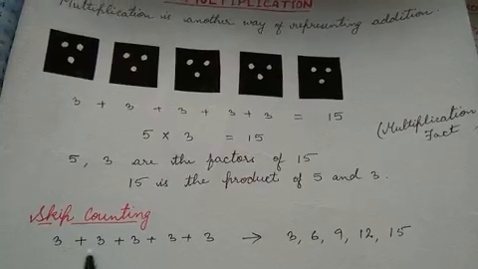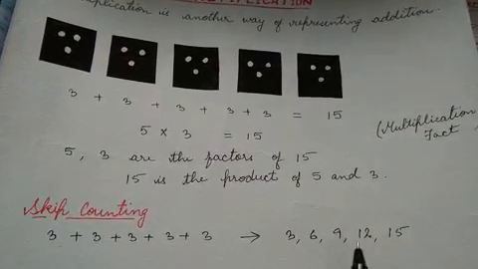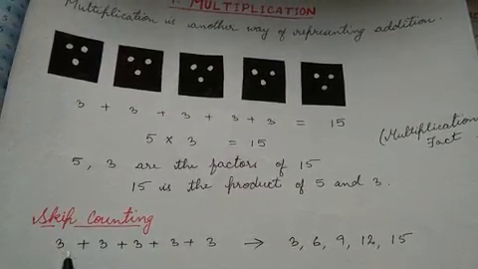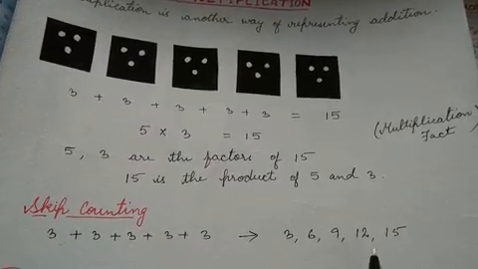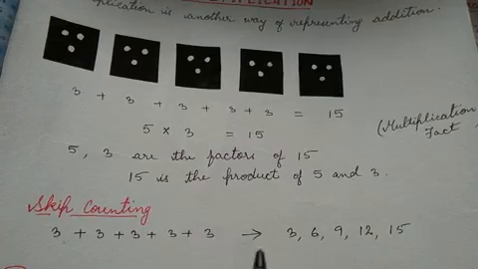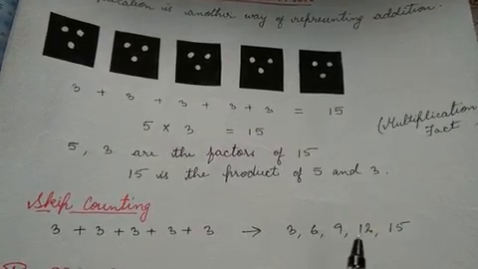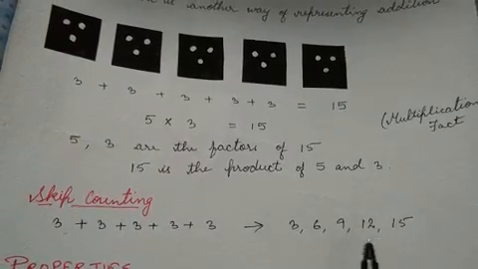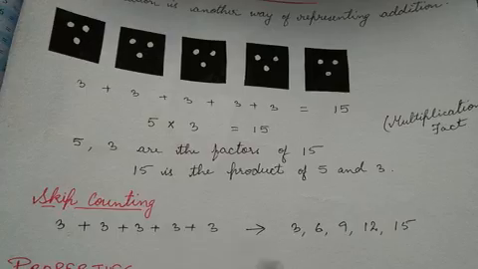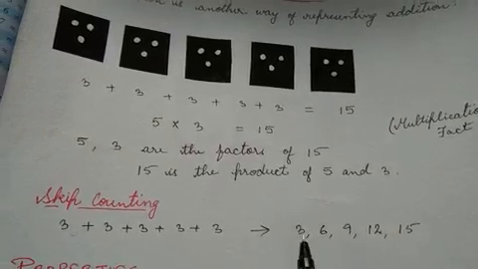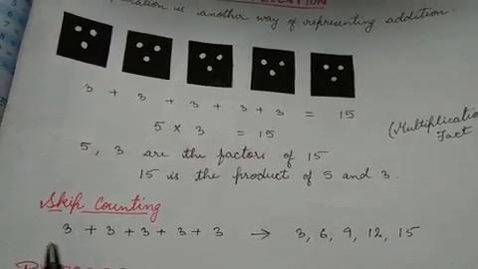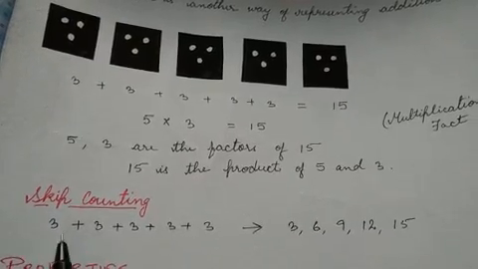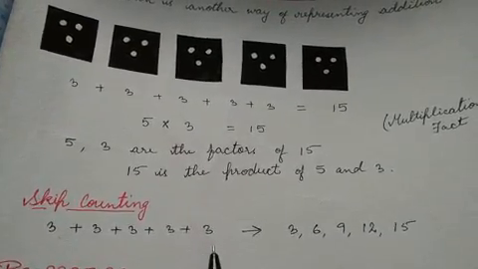Now the first 4 numbers taken together is here. Now the first 5 numbers taken together is here. So skip counting is simply adding 3 and 3 ahead, and we have written it in this form. Skip counting is the same as repeated addition. Okay, it is just the same. We are just adding 3 here, and skip counting is also the same. Sorry, repeated addition is also the same.